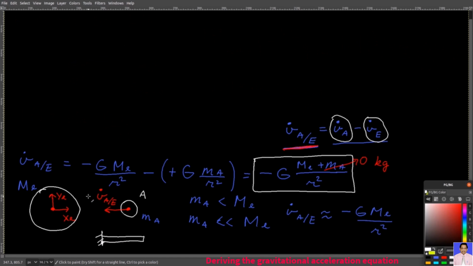And so now, when we consider this x sub e and y sub e as our reference frame, which is the inertia frame, then in that reference frame the Earth is fixed in place, and the force of gravity that is applied to this object in that reference frame, which is attached to the Earth, can be written like this: the mass of object A times the acceleration of object A relative to the Earth.